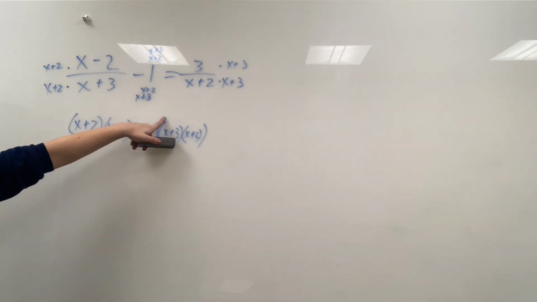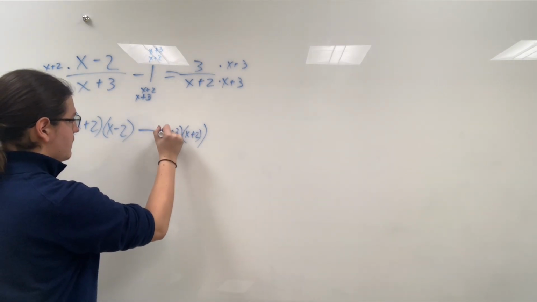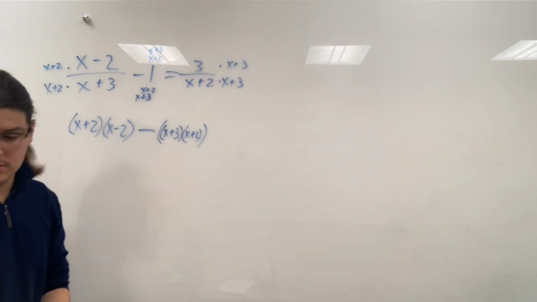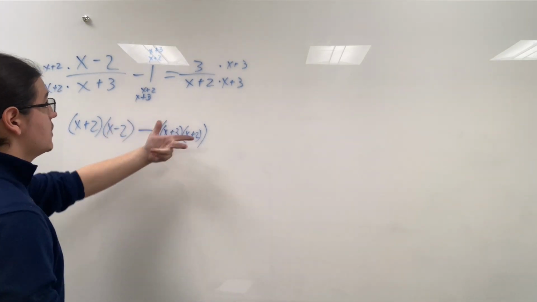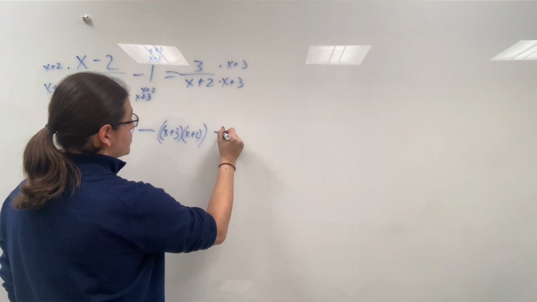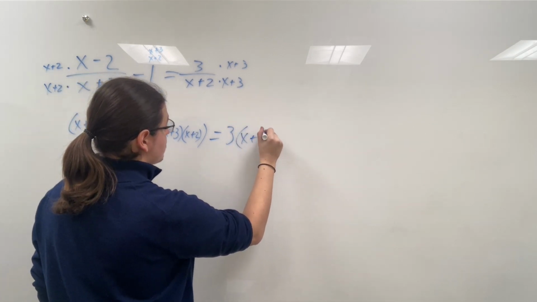So that's why I'm nesting it inside this bigger set of parentheses to show that we're subtracting by the whole thing, not just that first term. Cool. And that is equal to 3 times x plus 3.